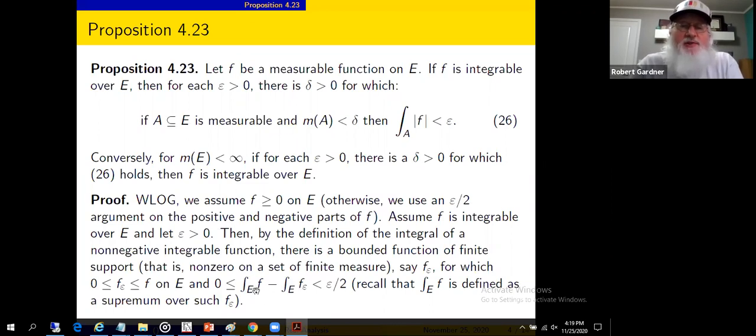Also, this was defined as a sup, so of course all of these are less than or equal to this one, so I don't need absolute values on this. So in other words, we can find a bounded function of finite support such that the integral of that function is within epsilon over 2 of the integral over E of f. It comes from the definition of the integral of a non-negative function. All right.